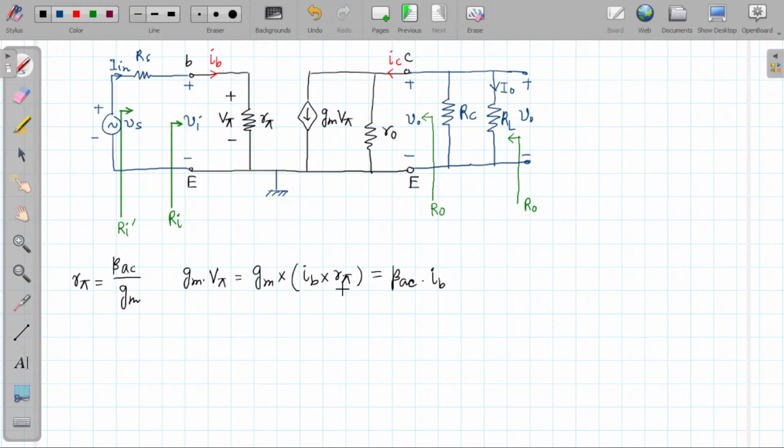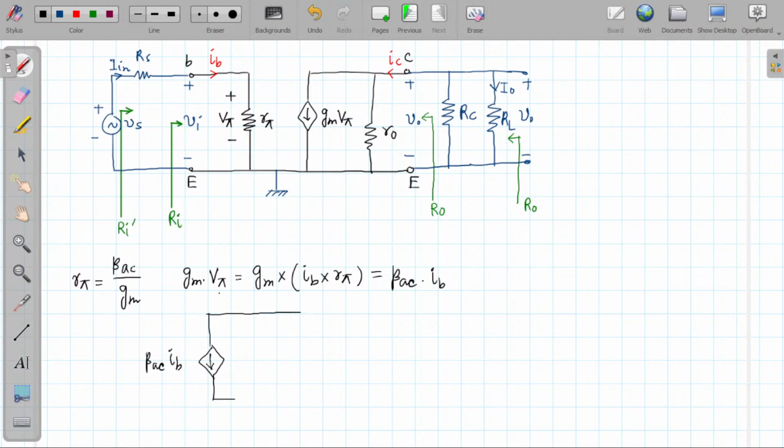So that means this output circuit can be drawn like this. How will the circuit look? I am drawing only the output circuit. There is a dependent current source here, GM into V pi, which equals beta AC into IB.